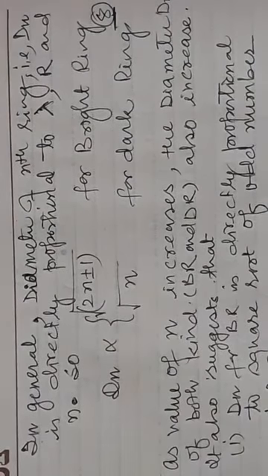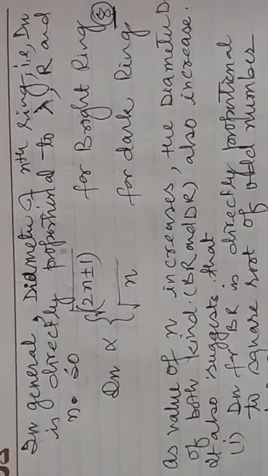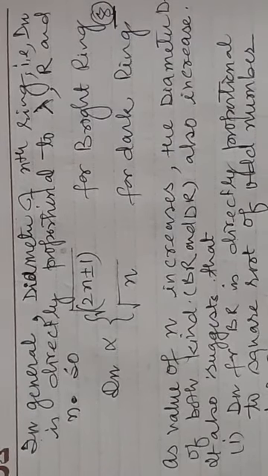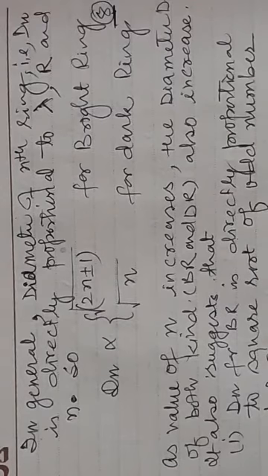So in general, the diameter of the nth ring, that is dn, is directly proportional to the wavelength of the light lambda, the radius of curvature of the plano-convex lens, capital R, and the order of the fringe, that is n. For the Newton ring assembly, the wavelength is constant because the light is monochromatic, and the radius of curvature is not changing in the experimental assembly.